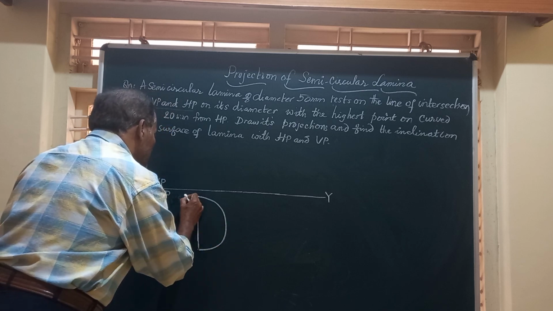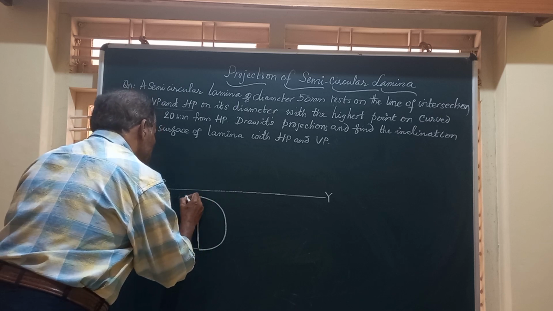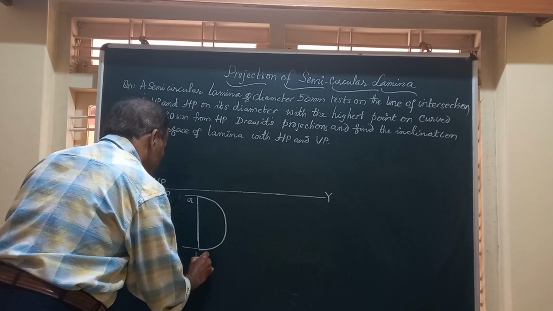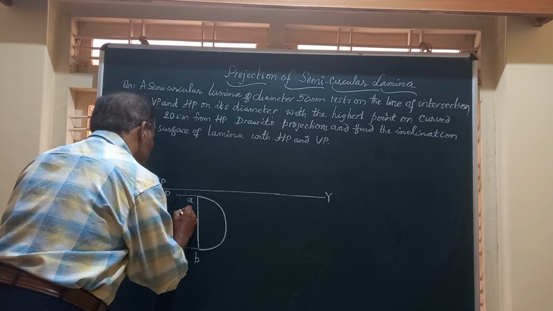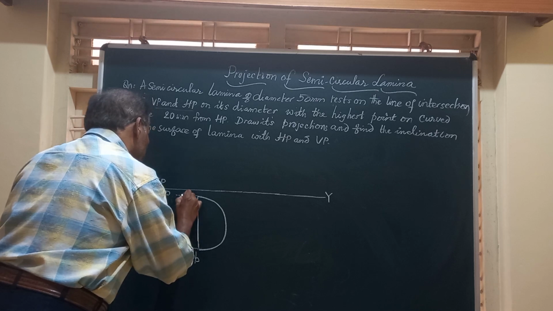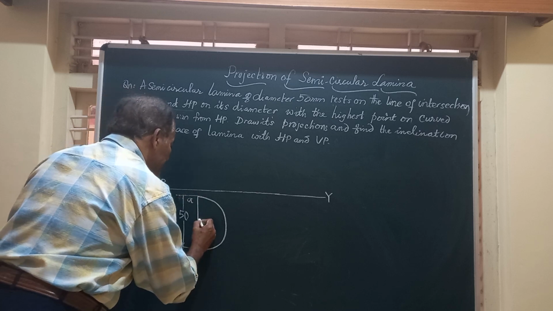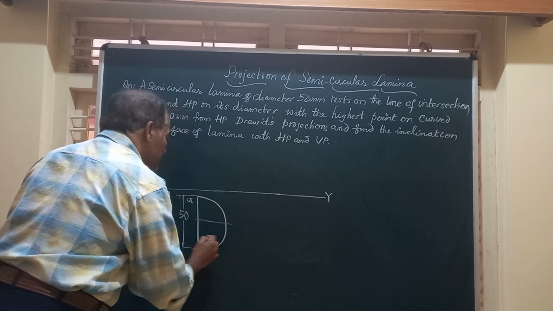So friends, I will call these points as A. This point is A. This is B. This has got a diameter equal to 50 mm. I will mark it here as 50 from here to here. Then I divide this into 4 equal parts since it has no edges.